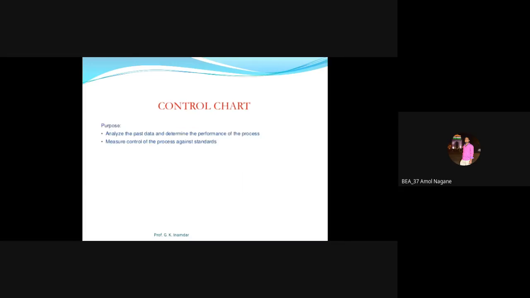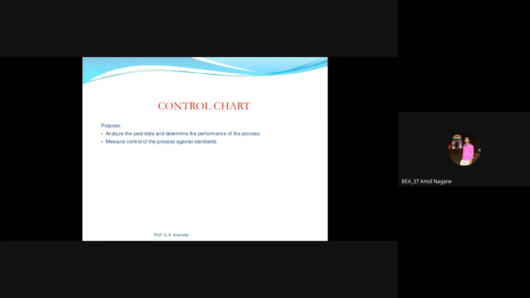Purpose of control chart: analyze the past data, determine the performance of the process, and measure control of the process against standard. This control chart is nothing but a comparison of different data. For example, we have to compare this current year's data to last year's data.